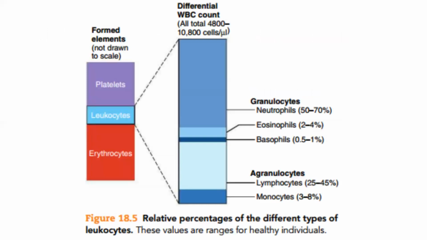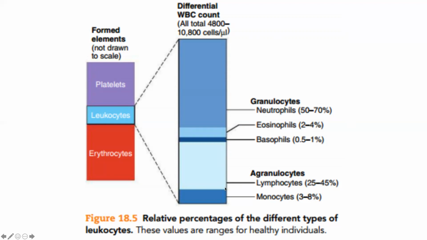In the cell component, we said we have red blood cell RBC, white blood cell leukocyte, and platelets. Now we are talking about leukocytes. Never let monkey eat banana: neutrophil contributes 50 to 70% of the total WBC.